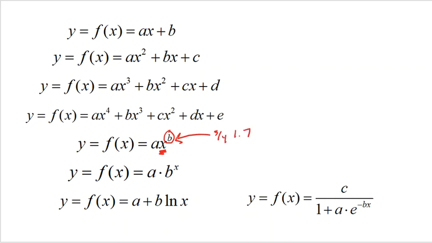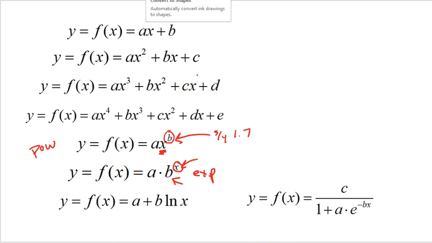When the exponent is a number, you're not exponential. When the exponent is a number, you are a power function. But when the base is a number and the exponent contains the x, that's exponential. So please make sure you know the difference between exponential and power. And then again, the logarithmic model and the logistic model.